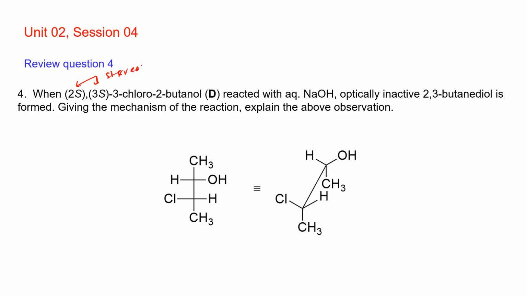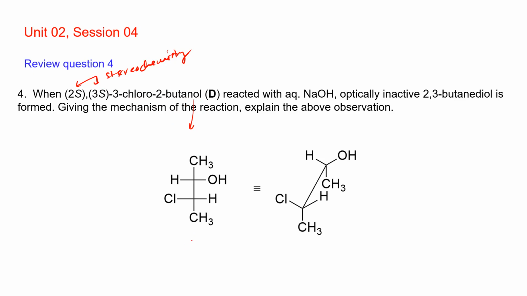It tells you the stereochemistry of these two positions: the second and third carbons have S configuration. These are chiral centers, two chiral centers with S stereochemistry, and it's 3-chloro-2-butanol, so that is the structure here. If the name is given, you should be able to draw the structure. The structure may or may not be given.